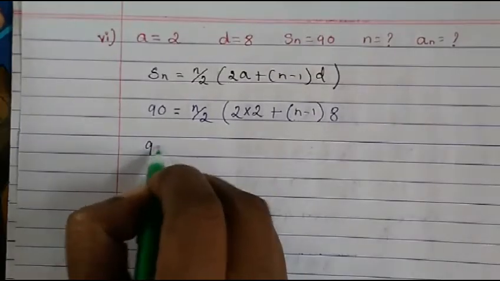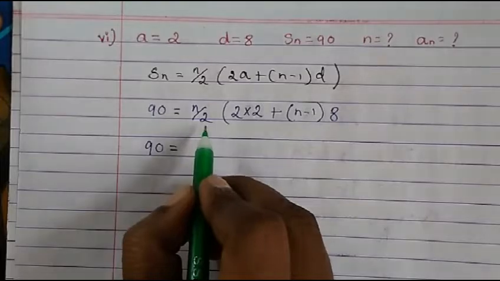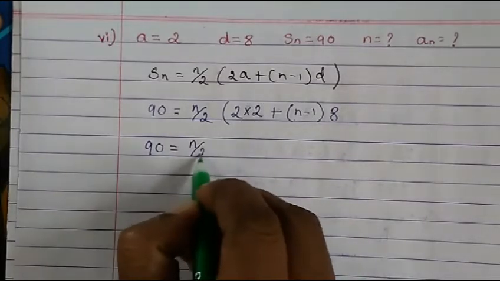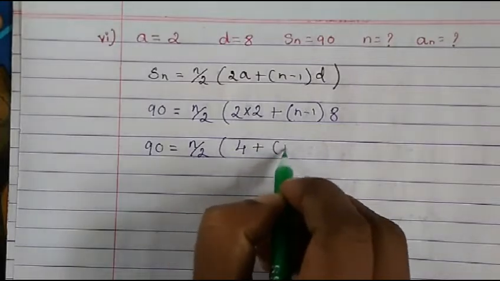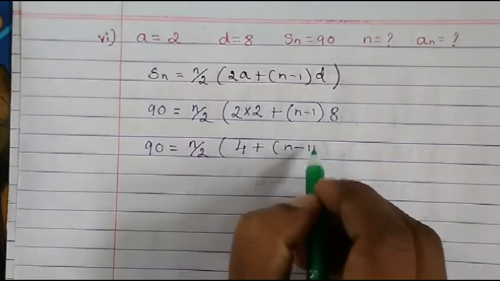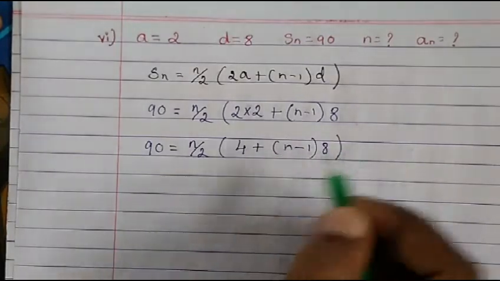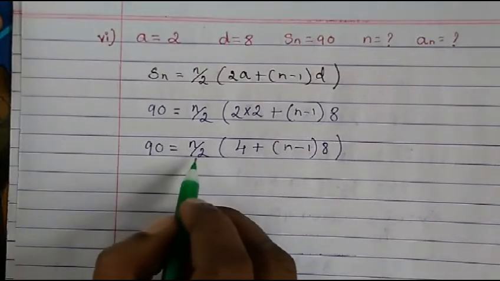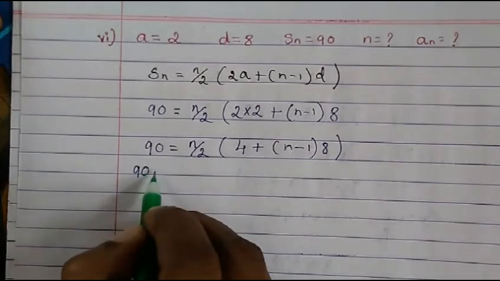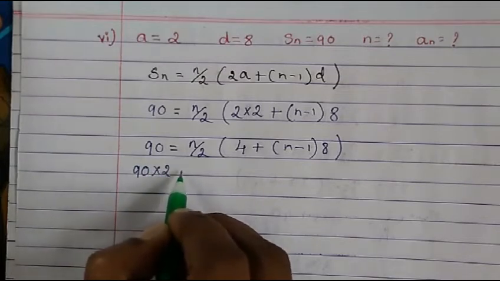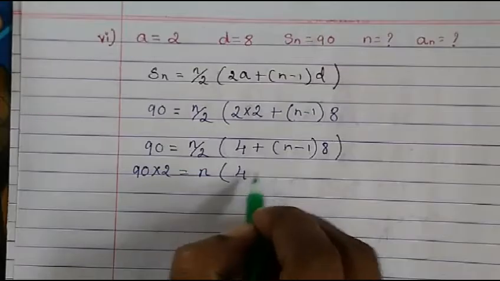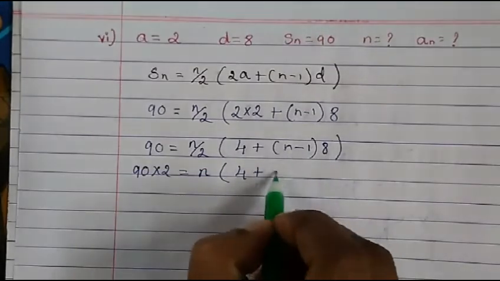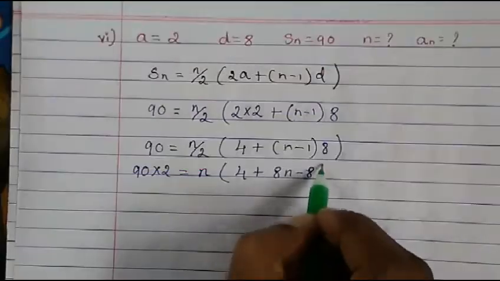So let's do this. n upon 2, 2 2s are 4, plus n minus 1, 8. So now this 2, let us bring this side. So it will become 90 into 2. This is in division, when it comes it will be in multiplication. Then n, then you have 4 plus this 8 you multiply, you will get 8n minus 8.